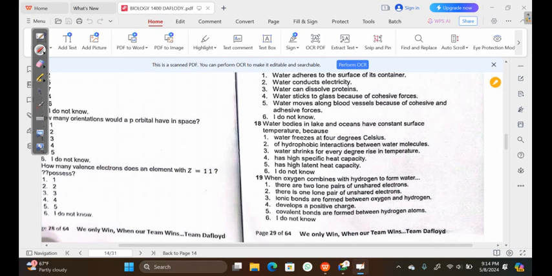So why is the temperature of ocean or lakes nearly constant? What's the answer? Okay, heat capacity. Yeah, so that's true.